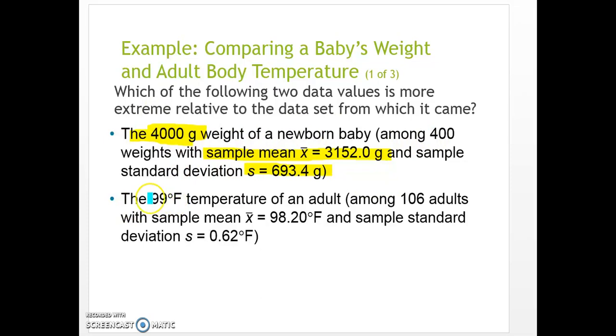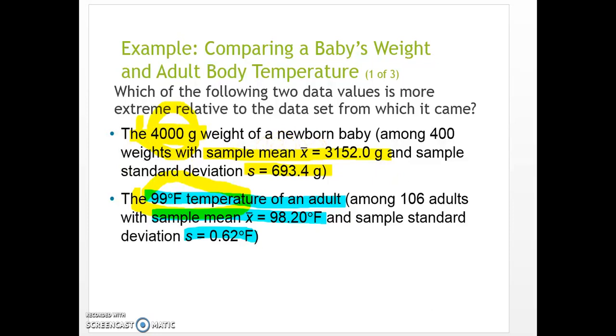And the second data value we have is the 99-degree temperature of one adult. This is among 106 adults with sample mean x bar equals 98.2 Fahrenheit and sample standard deviation s equals 0.62 Fahrenheit. So we're comparing this 4,000 gram weight with 99 degrees temperature to see which one is more extreme compared to its data set.